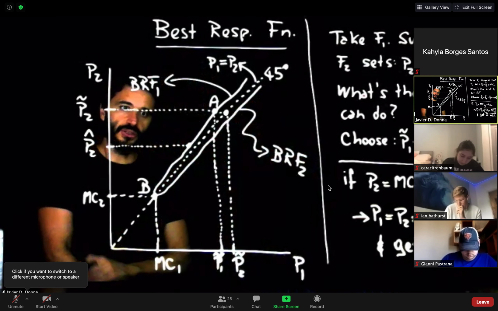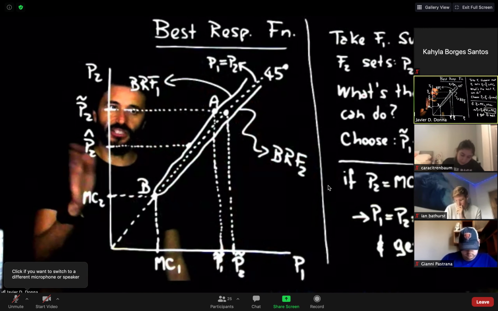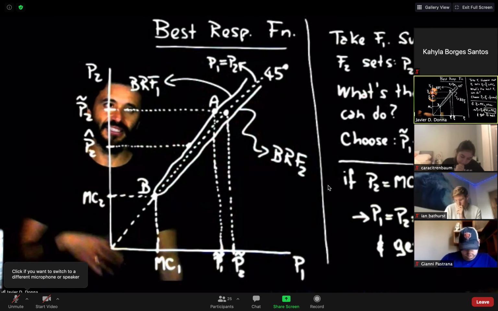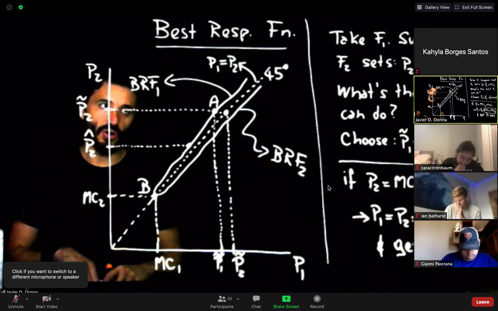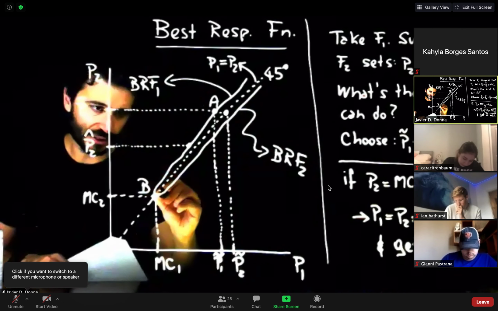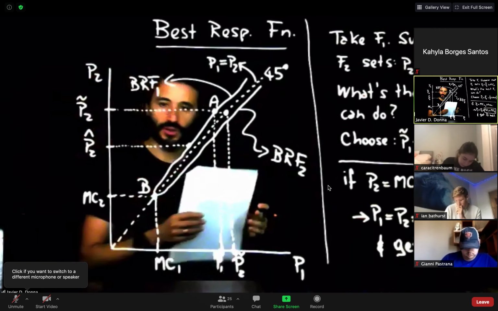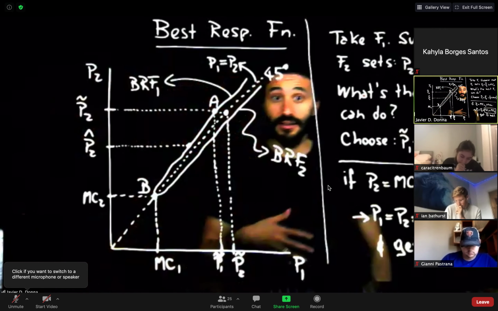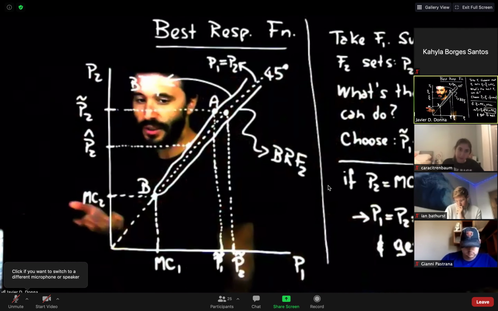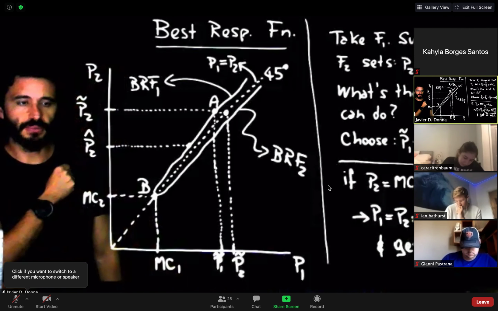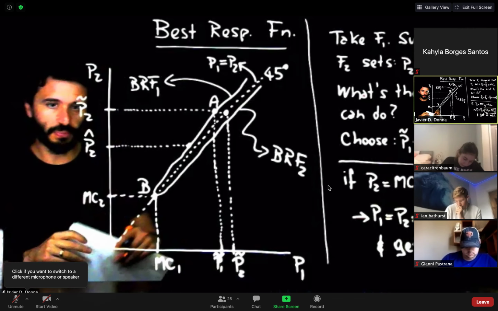So now you can see what these discontinuities in the residual demand generate on the best response functions. So the best response functions are only going to intersect at this point B. This means that if we are finding the equilibrium of this model, the only possible equilibrium is pricing at the marginal cost.